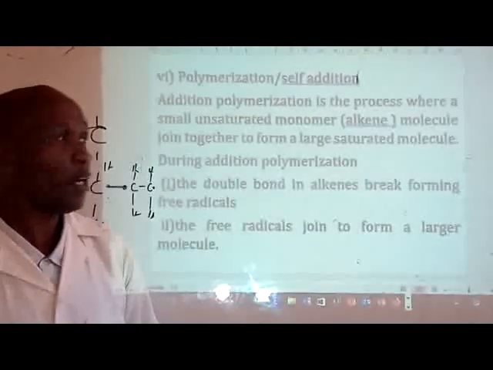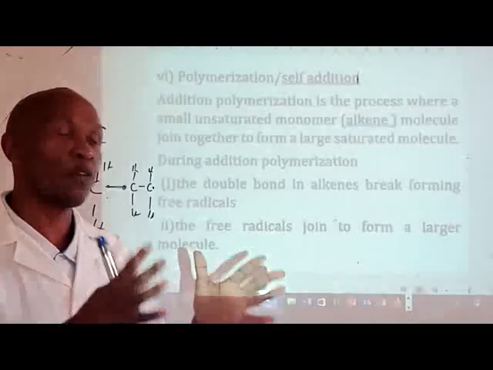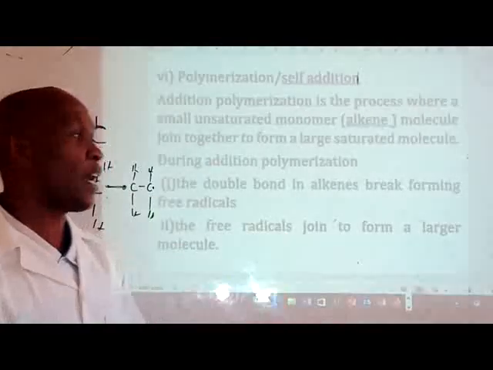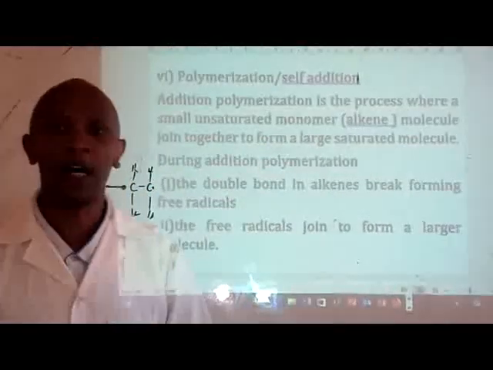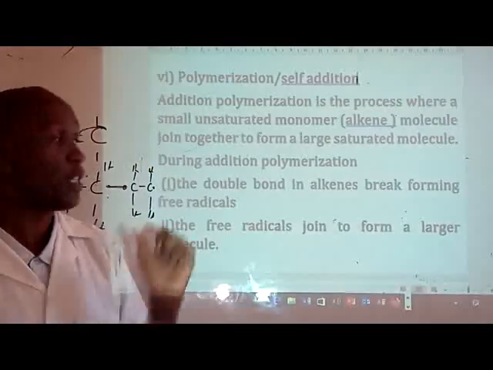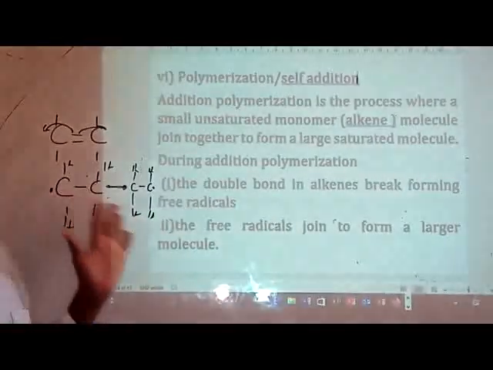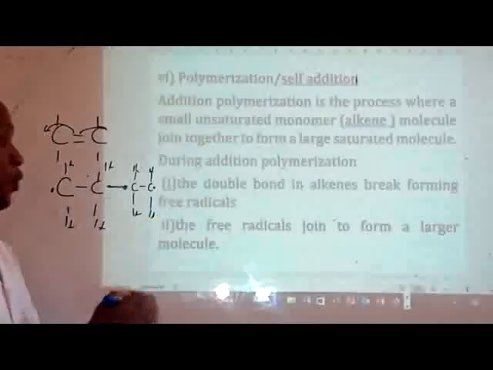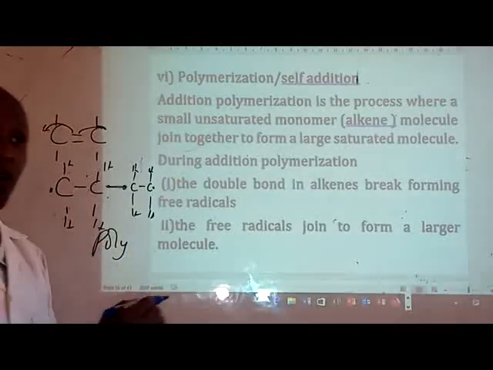So a polymer is simply a long molecule consisting of short repeated molecules. So the process through which polymers are obtained is called polymerization. And to name a polymer, all you need to do is to add the word poly before the name of the monomer.